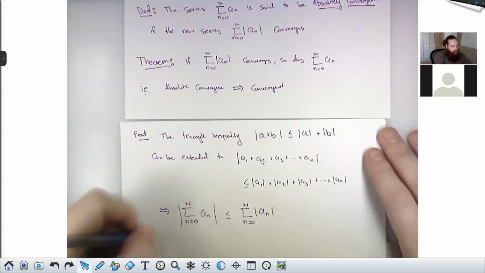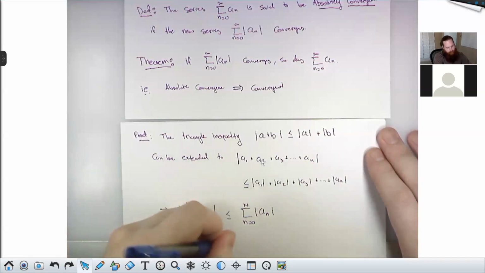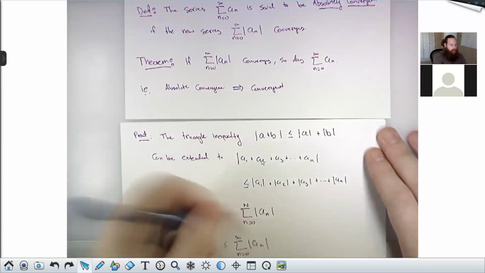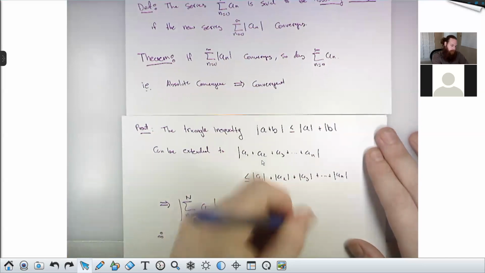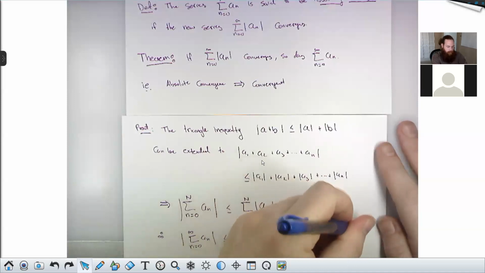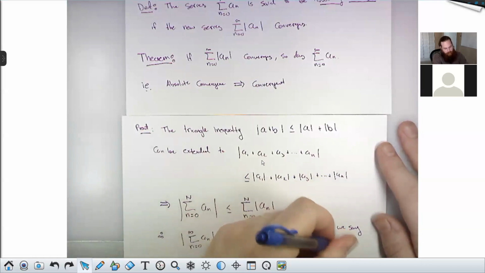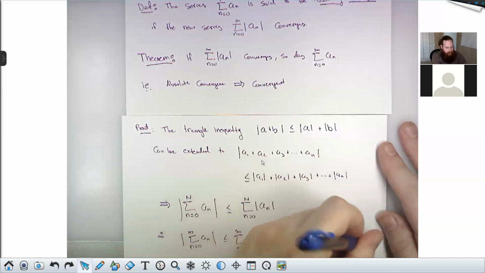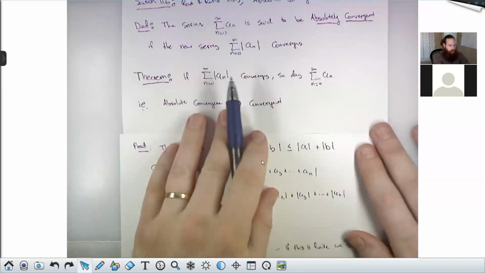So then if you send n to infinity, you get this. If this is finite, we say sigma an converges absolutely, because this is the series that's involved in the definition of absolute convergence.